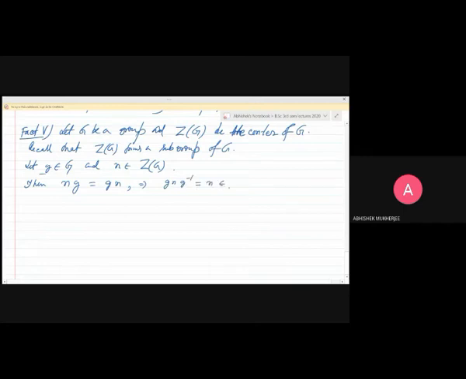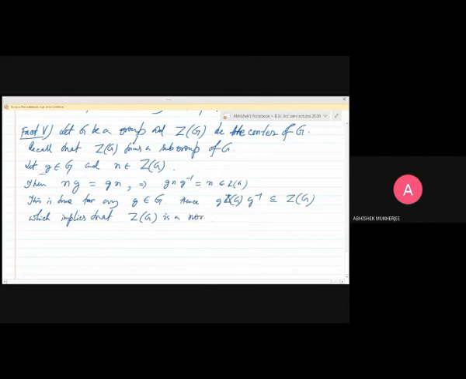So gng inverse belongs to Z(G). And this is true for any g belongs to G. So hence gZ(G)g inverse is a subset of Z(G), which implies that Z(G) is a normal subgroup of G. So the center of any group is always normal.